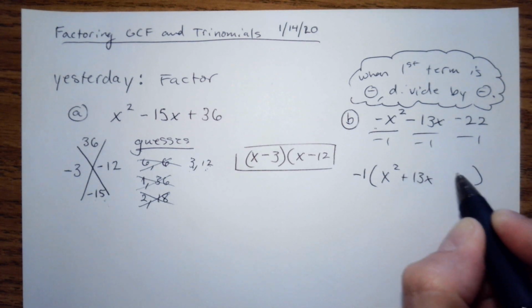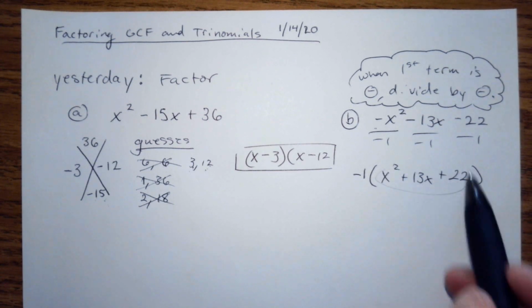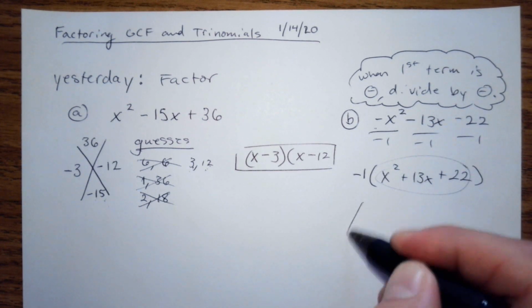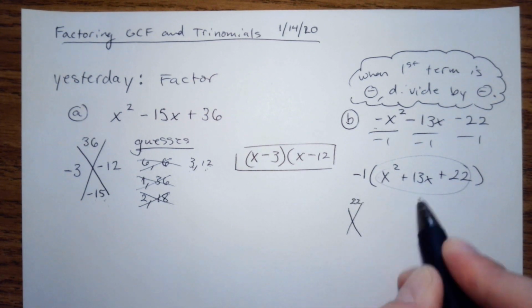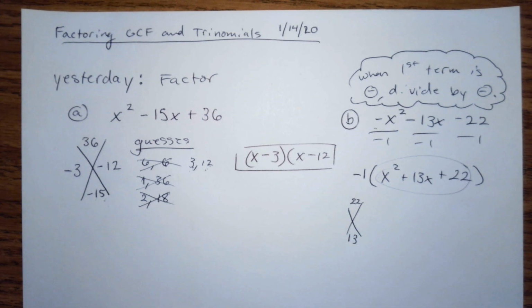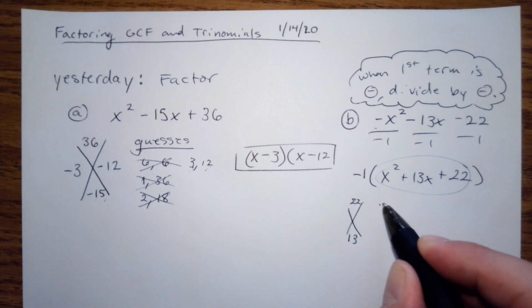Plus 13x plus 22. And now I use my x on this. So in the top, 1 times 22 is 22. In the bottom, I have 13. My first guess is 2 and 11?